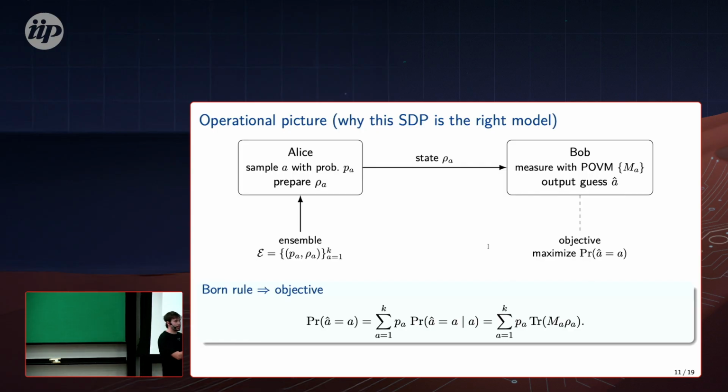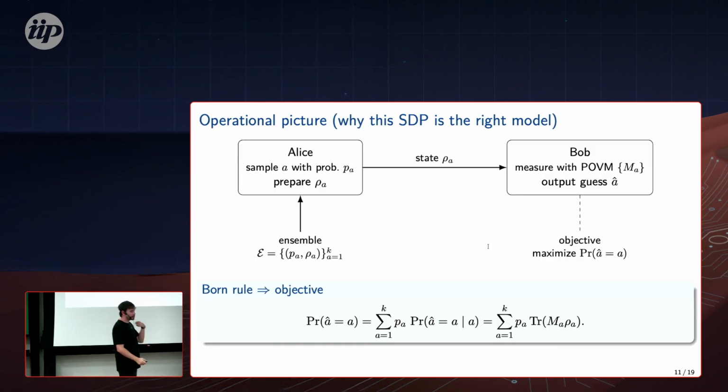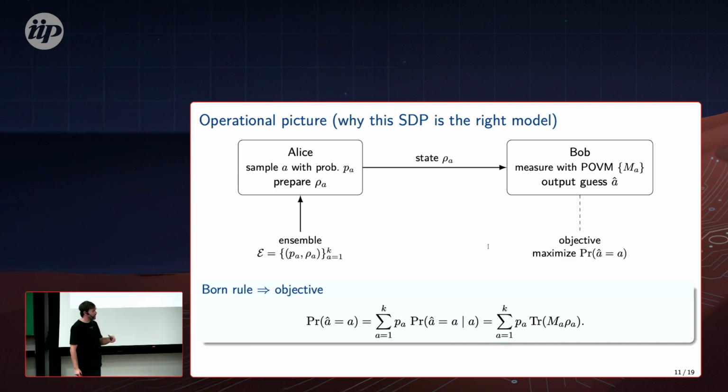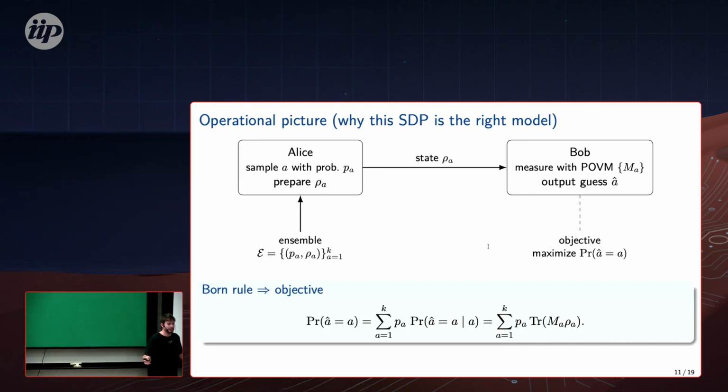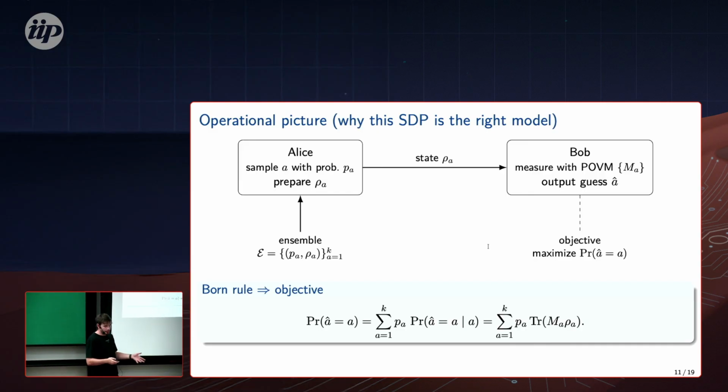The rule of the game is that Bob wants to maximize his probability of guessing the correct label A. This is a very natural task in quantum information theory. It's an optimal distinguishability problem, right? And then what is the objective function? What is the probability that A hat, the output guess of Bob, is equal to A? Well, if you use the Born rule, it's going to be given by this formula.